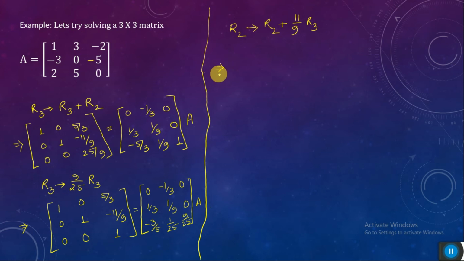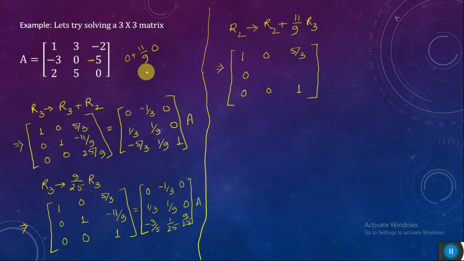So let's see what you will get. Row 1 as it is, row 3 as it is. So this one, see, row 2 is 0 plus 11 by 9 of row 3 is again 0, so this will give me 0.